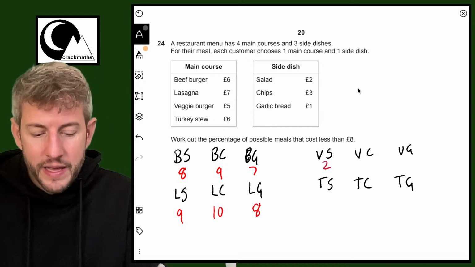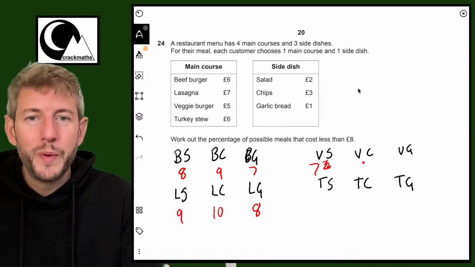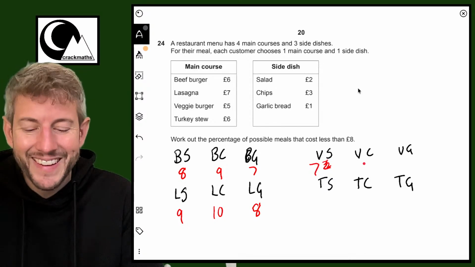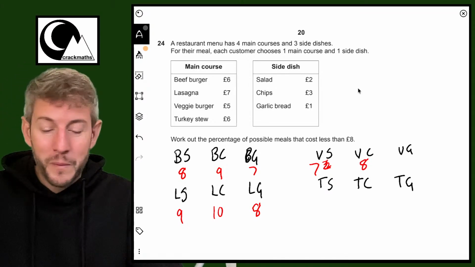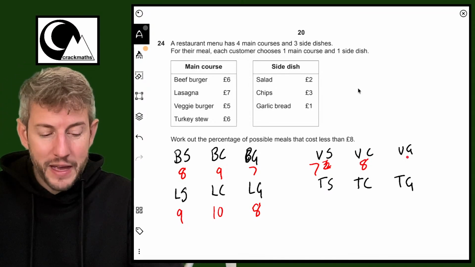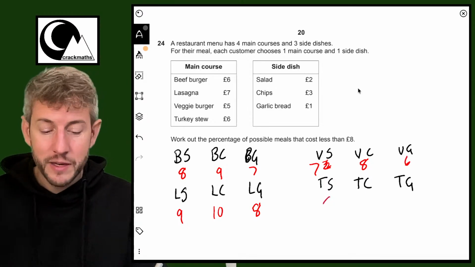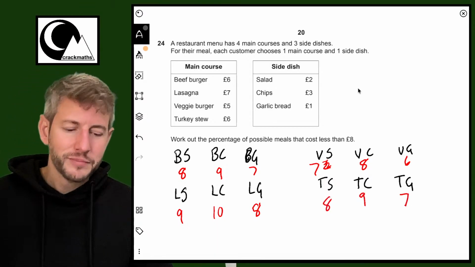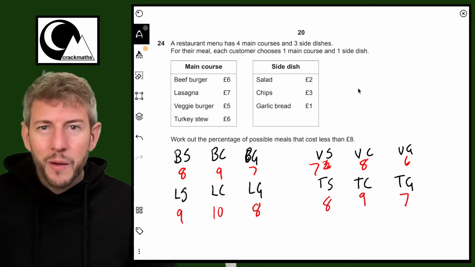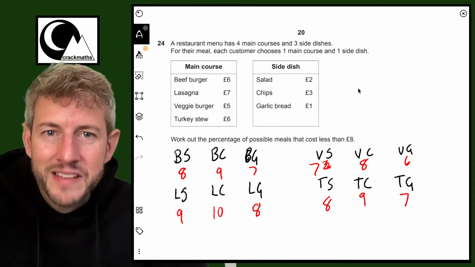Veggie salad would be £7. Veggie chips would be £8. Veggie garlic would be £6. And then we've got turkey, and these will be the same, so that's going to be 8, 9, 7.